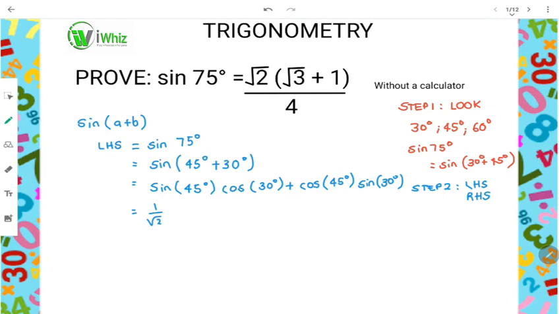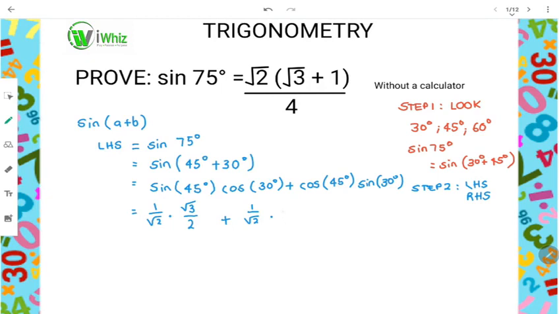So sine of 45 degrees is 1 over square root 2 multiplied by cos of 30, and cos of 30 is square root 3 all over 2, plus cos of 45 degrees, which is 1 over square root 2, times sine of 30 degrees.